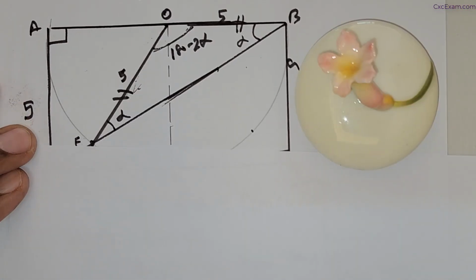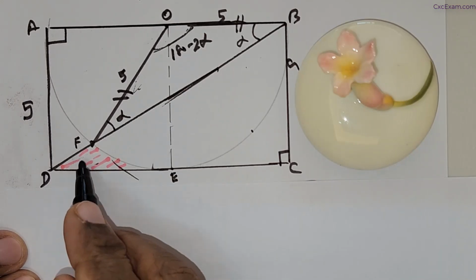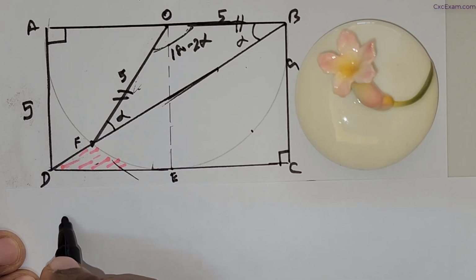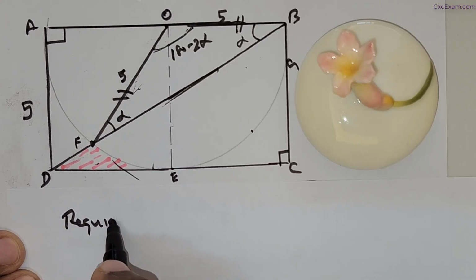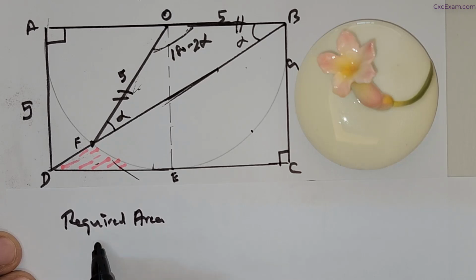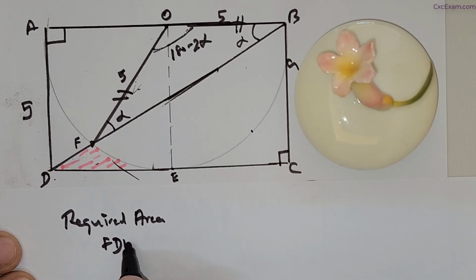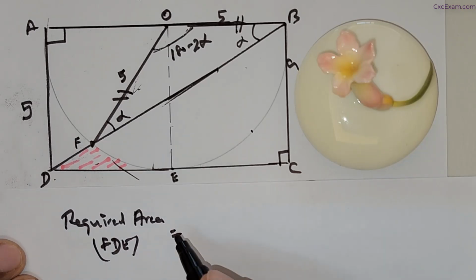If you look at the diagram, we need this shaded region, FDE. The required area is FDE. And how do we get that?